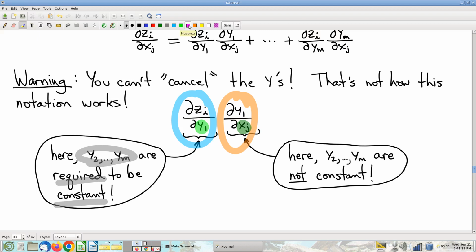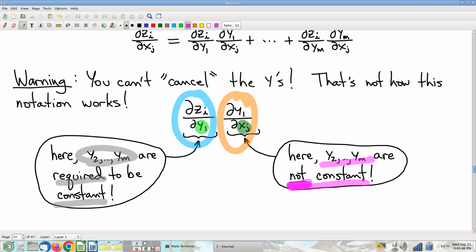The other y variables can't be assumed to be constants. Because, check it out, xj is changing, and y1 is changing as a result of xj changing, but so are all the other y's. All the other y's are also functions of all the x variables. If you change the inputs, you should expect those variables to be changing.